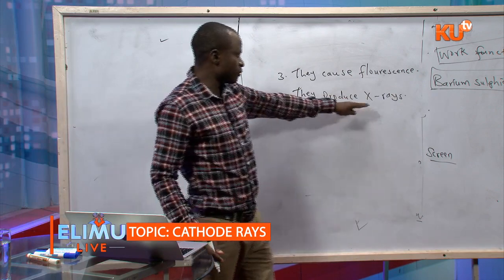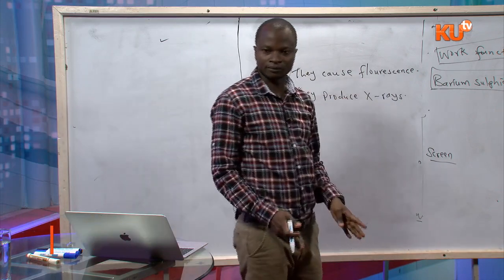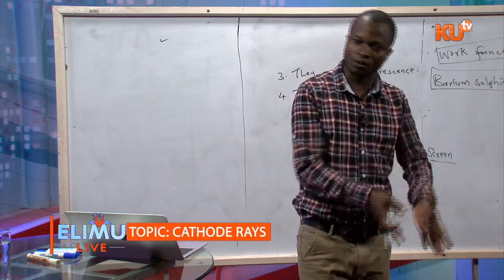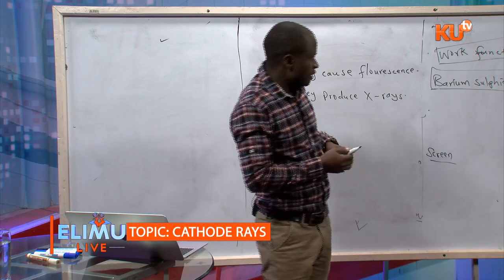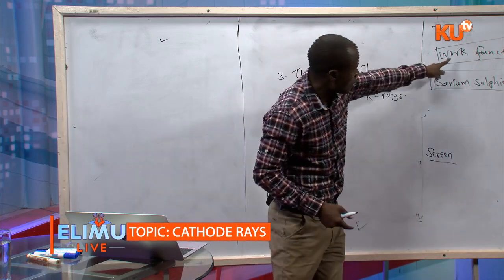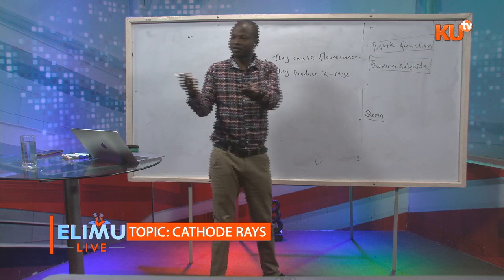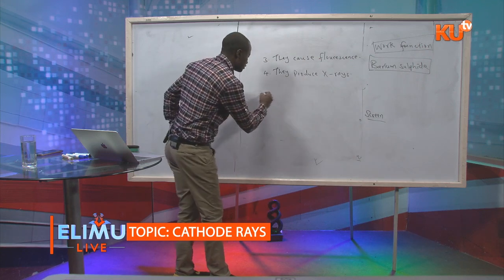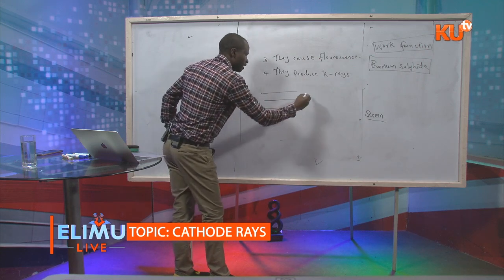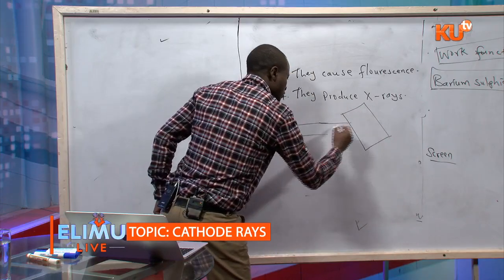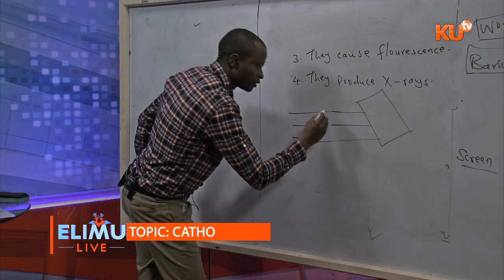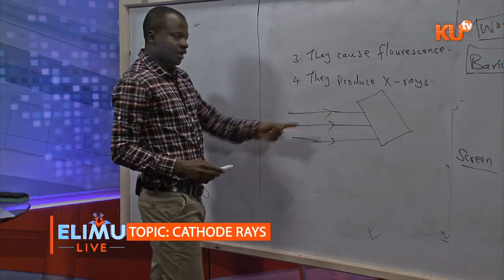The basic way of producing X-rays is simply putting an obstacle, a metal of high work function, in the path of electrons. So if these were electrons, and this is a metal, what will happen is they cannot penetrate.